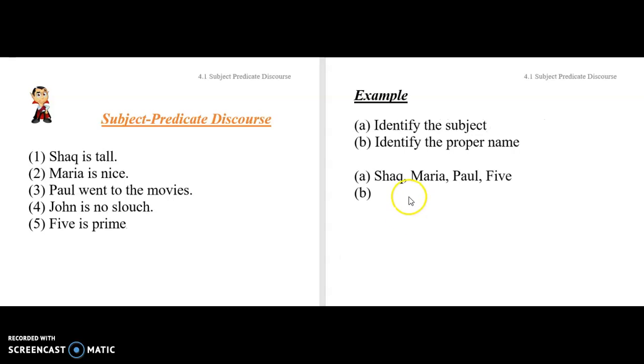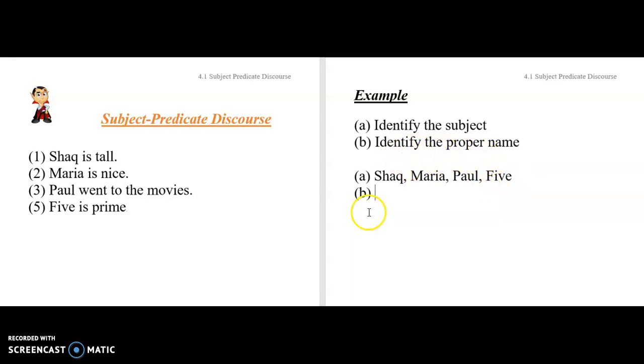So let's go through this together so you catch what I'm talking about here, the difference, okay? So in A, we identify the subject of 1, 2, 3, and 5. We're skipping 4, okay? And they were this person, this person, this person, and this thing, whatever the number 5 is, okay? Maybe you think it's a concept. Maybe you think it's something else. That's the subject, all right?